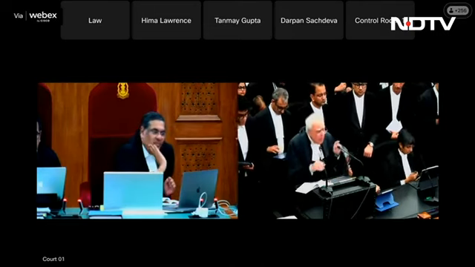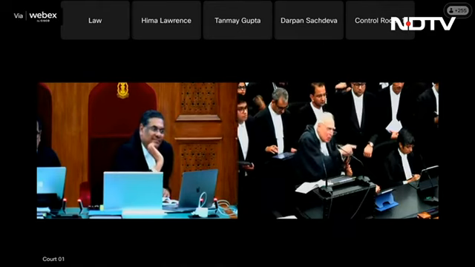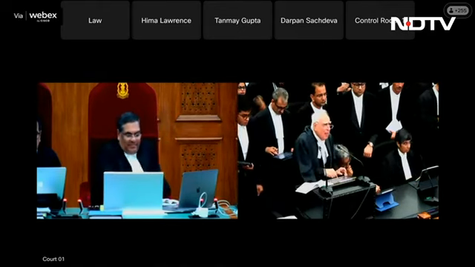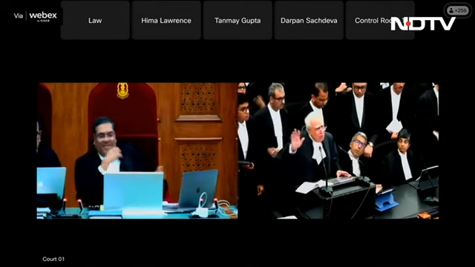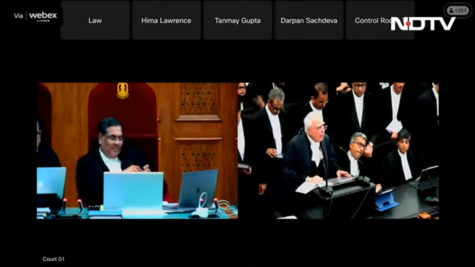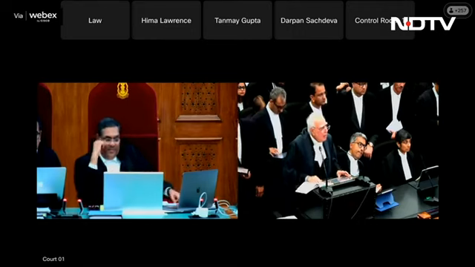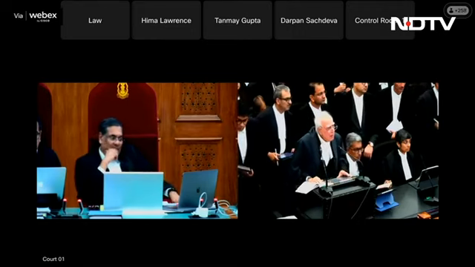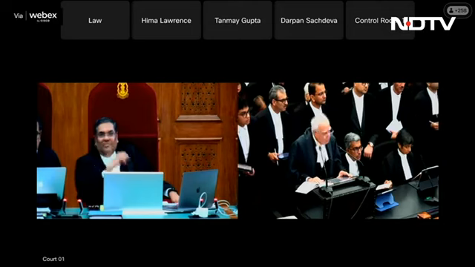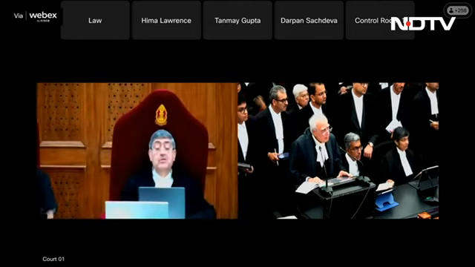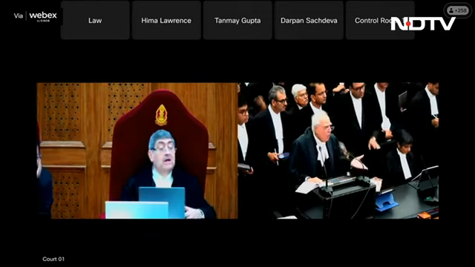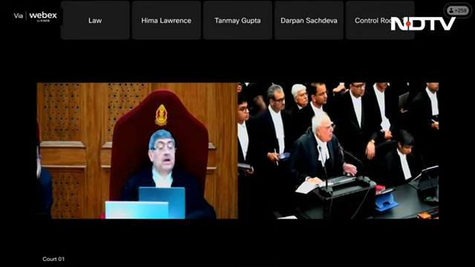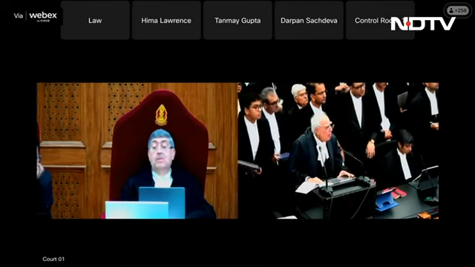That is why 370 is incorporated, My Lords, in the Constitution of Jammu and Kashmir, as it stood then. That's the application order. We're not talking about the Constitution of India here. Does it not mean that the proviso's implication is that once the provisions of the Constitution of India are made applicable by different orders, you cannot, through an amendment, deactivate them? You cannot deactivate a provision which has already been applied to the state.